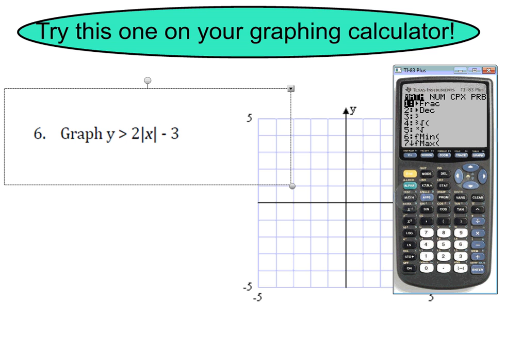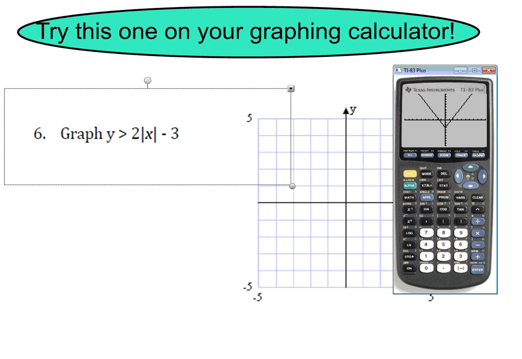If I hit the math button, which is the third one down on the left, and go over to num, you see where ABS is there? That stands for absolute value of x, minus 3. So what this says is exactly what my problem says, 2|x| minus 3. The only problem is that it's going to be a solid line where I want a dotted line.